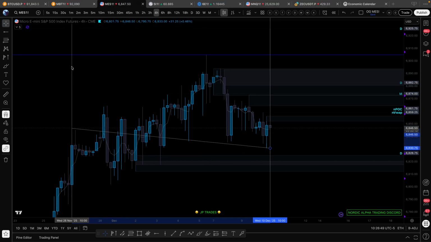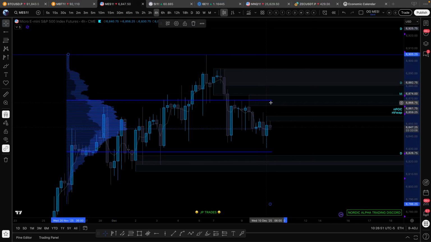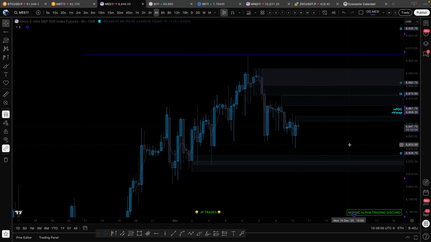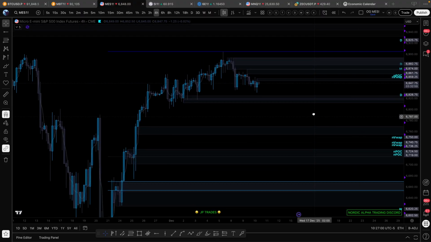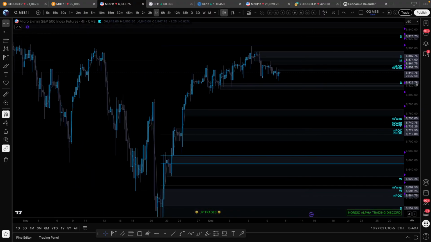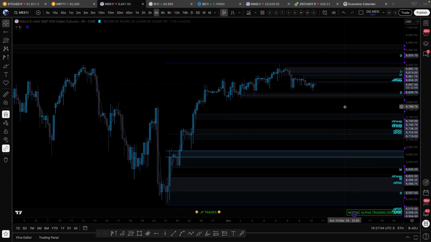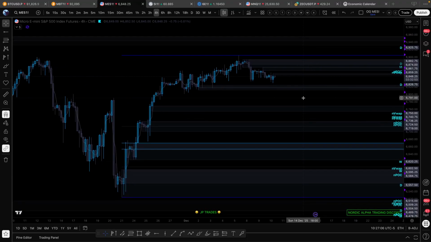Let's do this pull one more time from here. Okay. All right. So all of these levels I like. I'm not going to hold a heavy bias towards any one of these levels. ES is a scalping machine, and all these levels could be very nice plays.